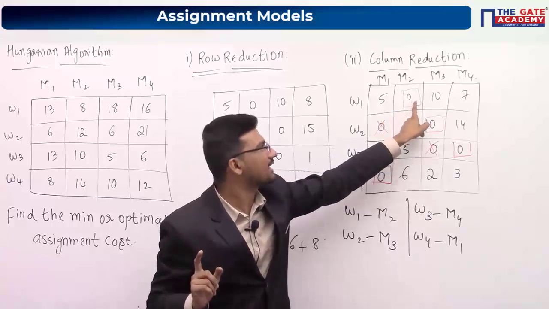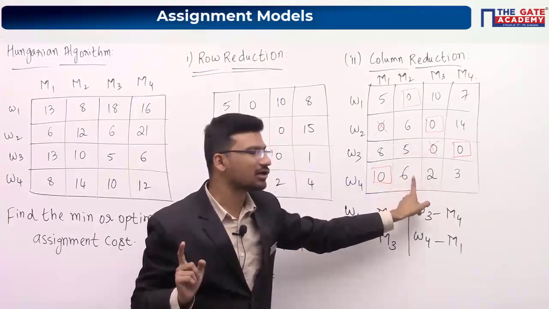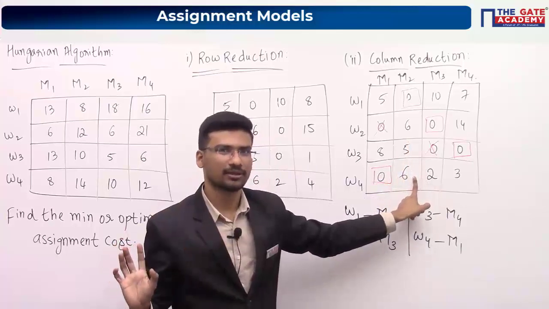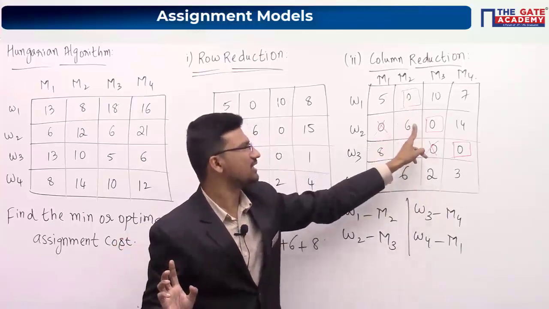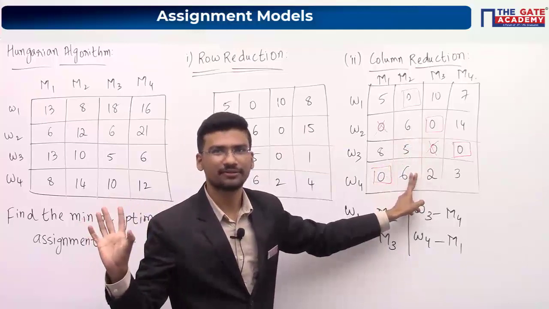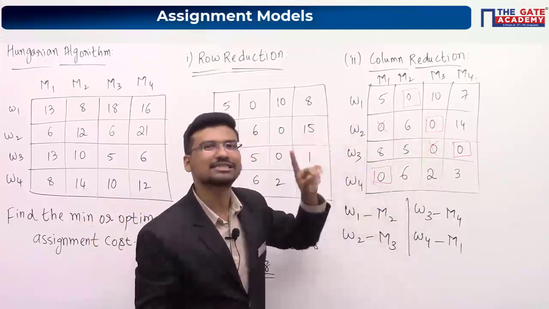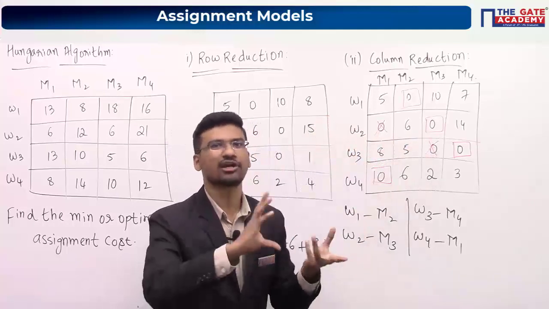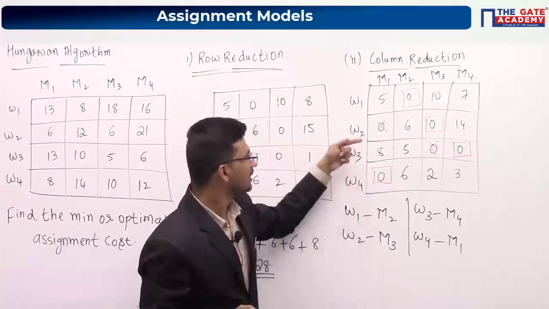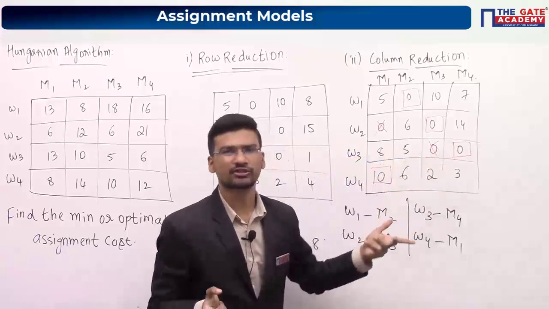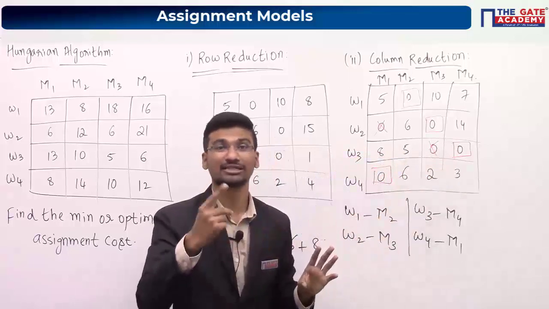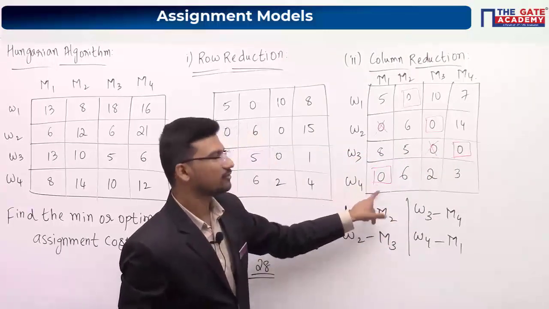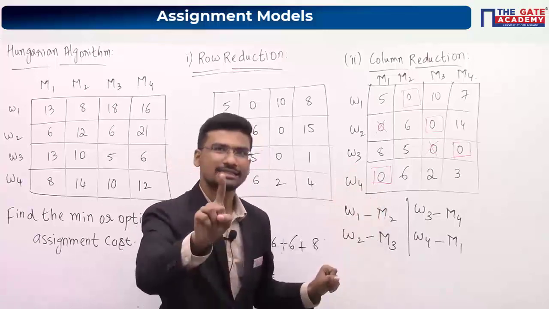After assigning, if any other zero is present in this particular column, you have to cancel that zero. Now I have assigned here, there is no other zero, so I have not cancelled. Next, again you have to look for a single zero row. But in this row we have 2 zeros, so we cannot decide where to assign. Come to this row, again 2 zeros, so there also you cannot decide where to assign. Come to this 4th row, you have only a single zero.